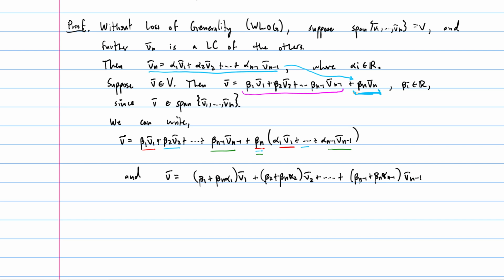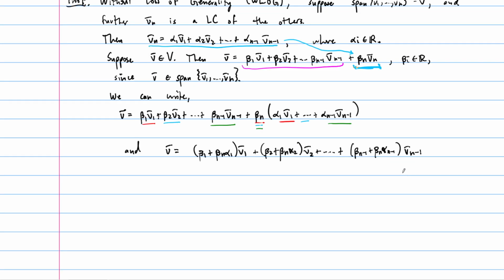And these are all real numbers. Therefore our vector V, which came from the span of the space with all n vectors to start with, is actually a linear combination of only these n minus 1. That's our conclusion. So this generic vector V is actually in the span of V1 through V n minus 1. And that's what we wanted to prove.